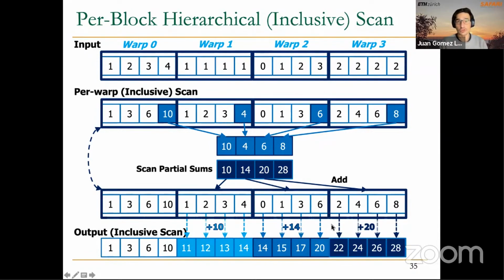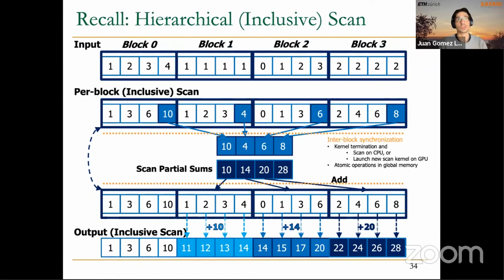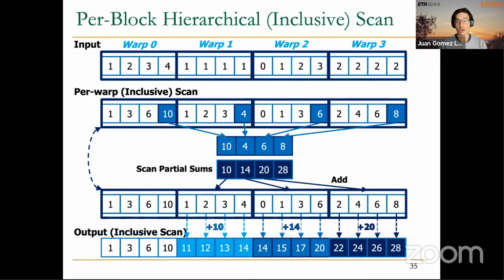Now, there is a key difference with respect to the hierarchical inclusive scan across blocks, which is that now all threads are working inside the same CUDA core, inside the same GPU core, and because they belong to the same block, they can use intra-block synchronization.